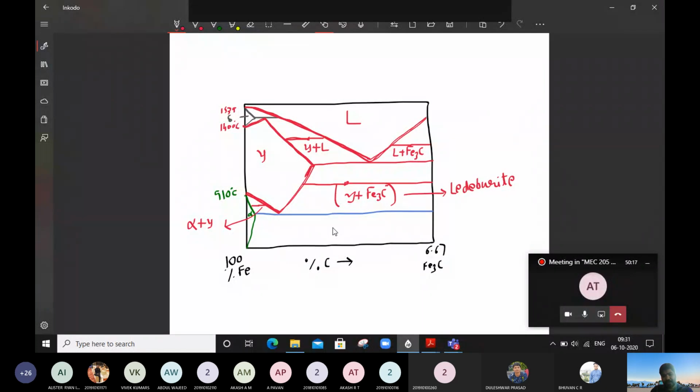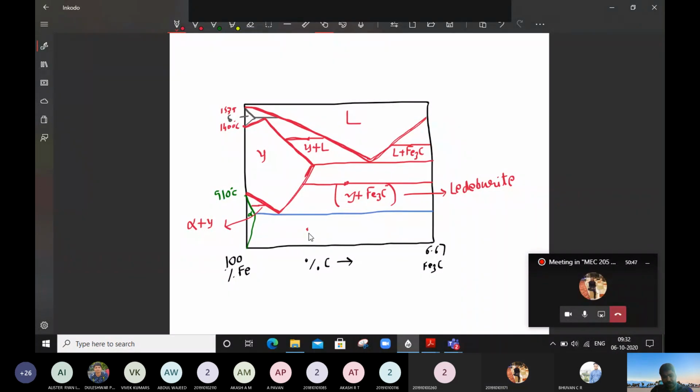Abhishek Kamble, are you there? Yes, sir. Tell me what are the phases present in this region? If I take any point over here, what is the phase going to be present? BCC, sir.